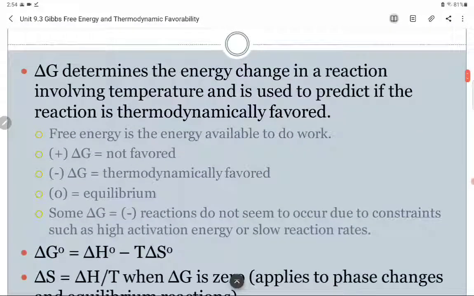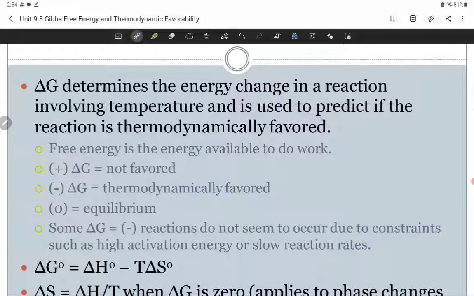Okay, so there's a definition of delta G. We just mentioned favored or not favored. We didn't mention zero, but this is going to be an important item here. If you have something that's in an equilibrium situation, something that is melting or something that is boiling, that's an equilibrium situation.